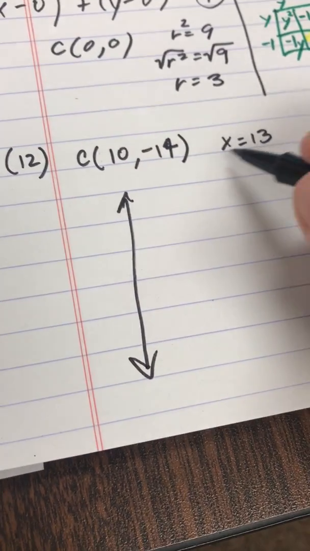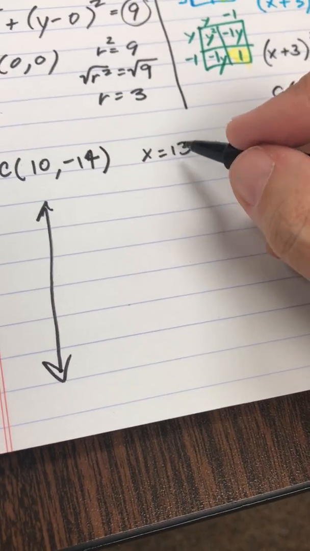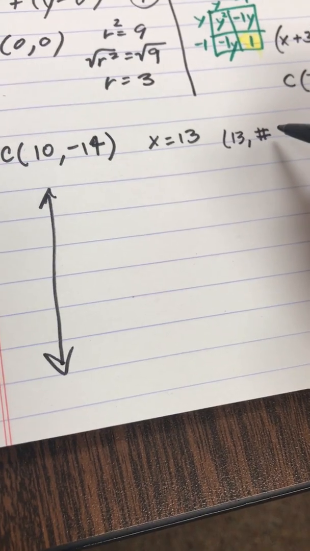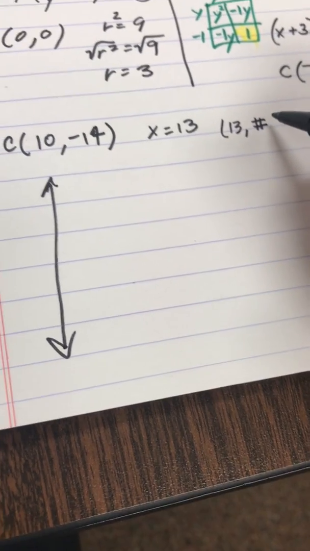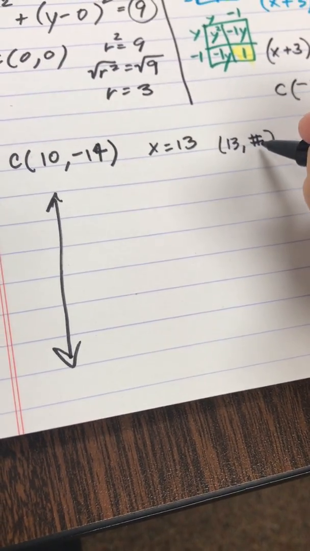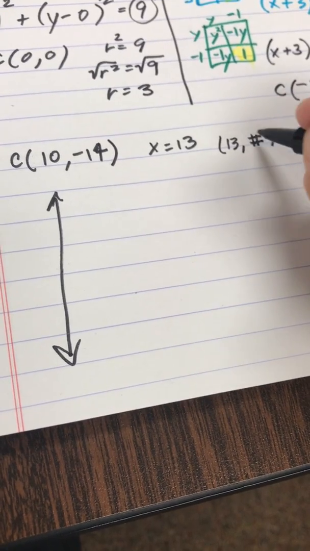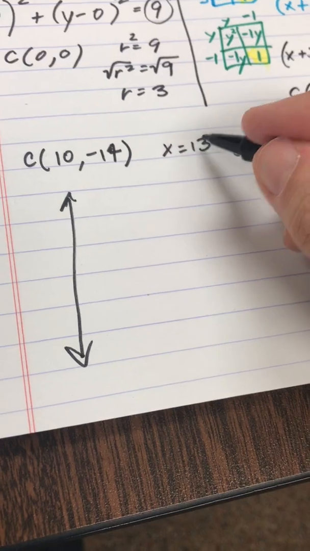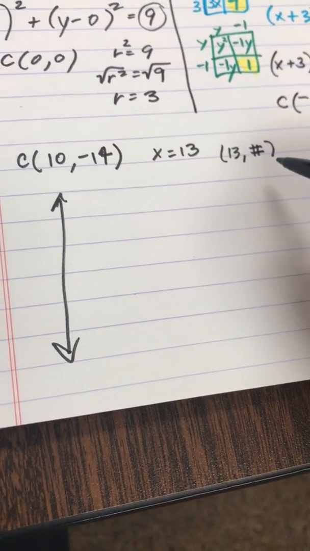Okay, so let's figure out what x equals 13 is. When x is 13, this line says, if you're graphing it, you need a couple coordinates, right? It says x is 13, and y could be whatever you want it to be. This could be any number because x is 13 and only 13.